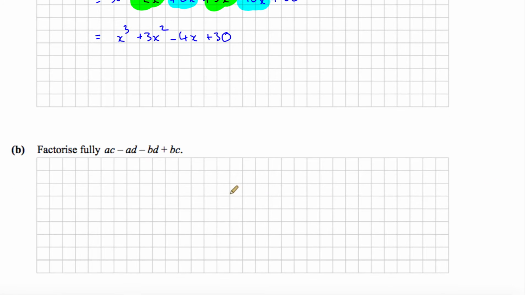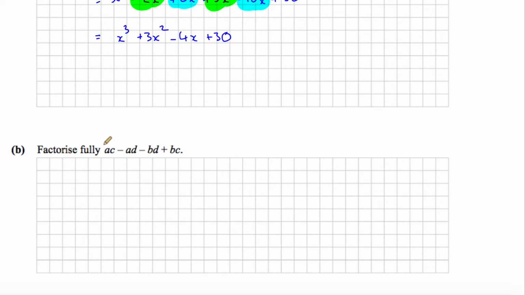Okay, part B says factorize fully AC − AD − BD + BC. So if you're factorizing and there's 4 terms, the first thing you have to try and see is, is there anything that's common to all 4? And there isn't anything we can factor out of all 4 terms here. So in a case like this, if you have 4 terms, you can always try and pair them.